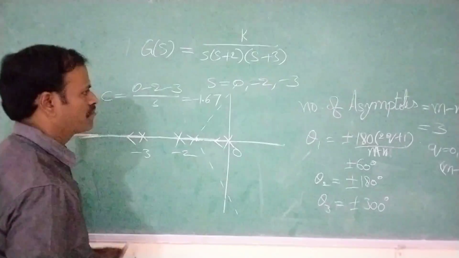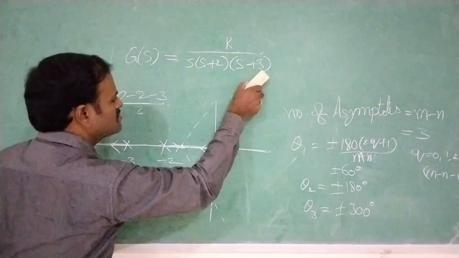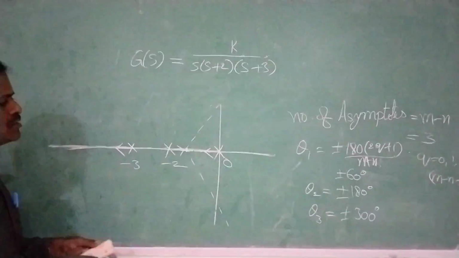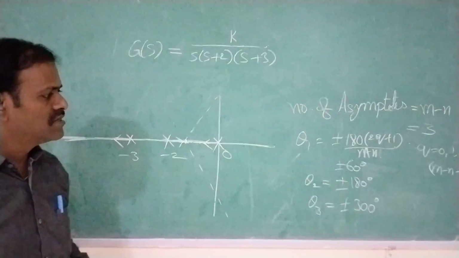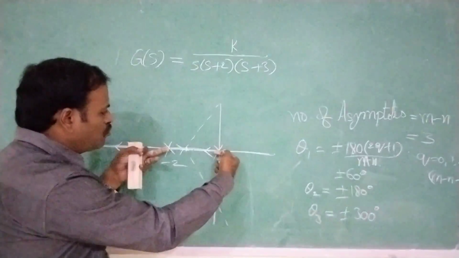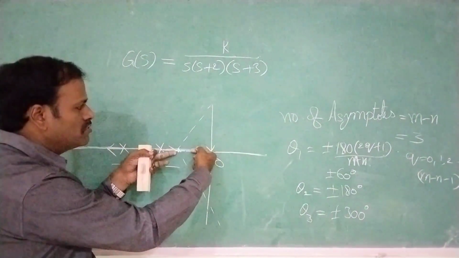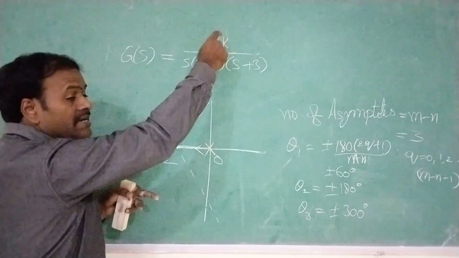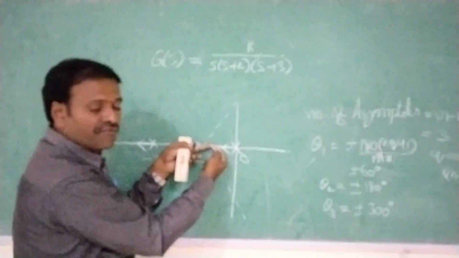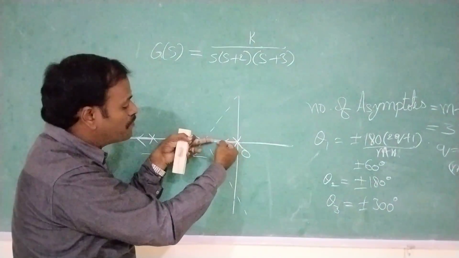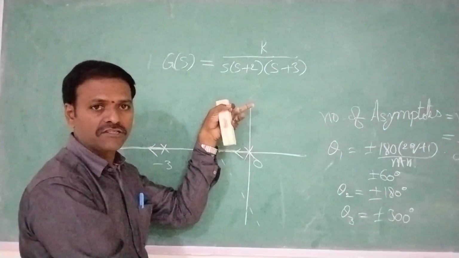Let me clear this. So these are the angles of asymptotes along 60 degrees, along 300 degrees and along 180 degrees. The next point is, when I have two paths originating from these two poles, as the open loop gain K increases, these two paths move towards each other, and if you keep increasing the K value, these two break here and go away from that.